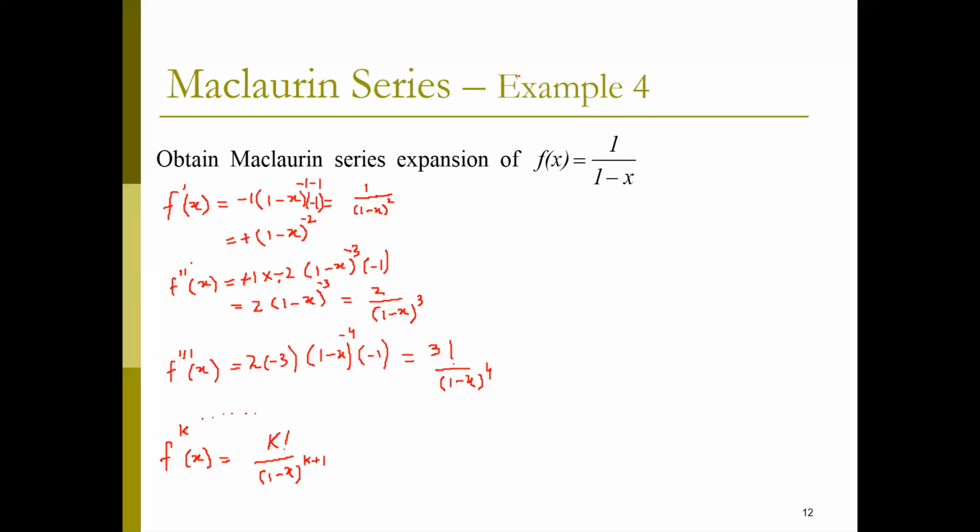If we have the second derivative, we have the power 3. If we have the first derivative, the power 2. And all the terms are positive. In the second derivative, we have 2 factorial, since 2 can be written as 2 factorial. In the third derivative, it is 3 factorial because of 2 into 3. So similarly, in the kth derivative, we have k factorial divided by 1 minus x raised to the power k plus 1.